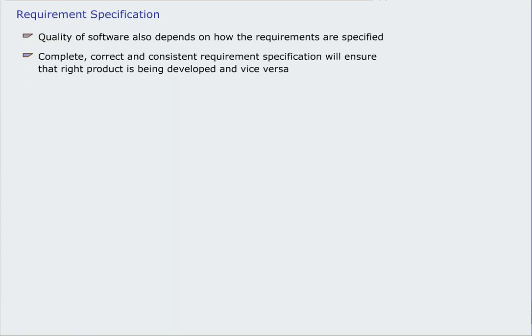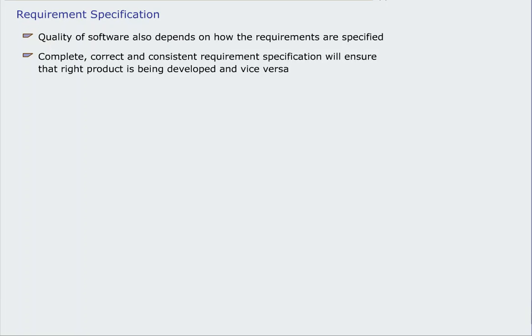Dear students, quality of software, among other things, depends on how requirements are specified. Complete, correct, and consistent requirement specification will ensure that the right product is being developed and vice versa.